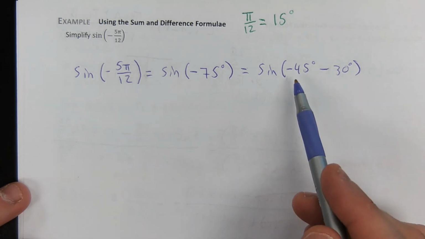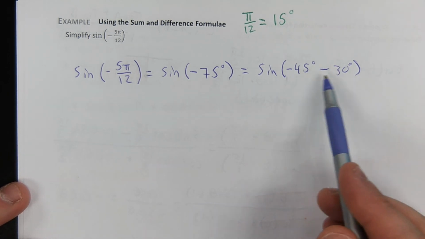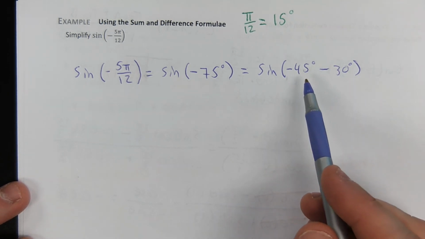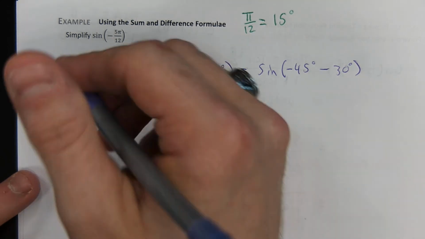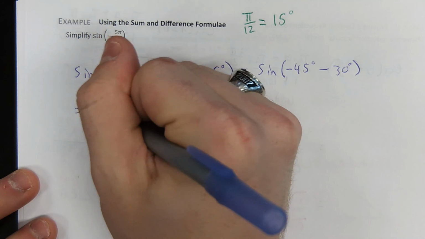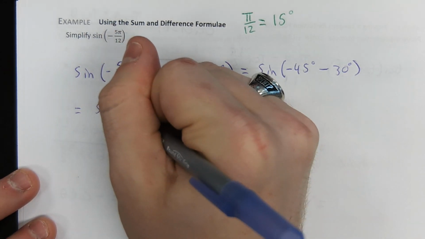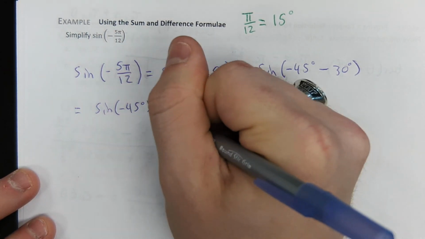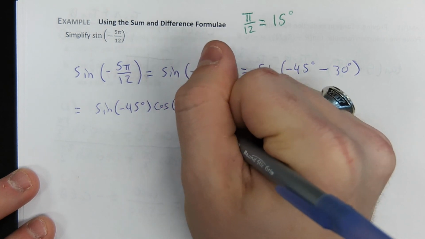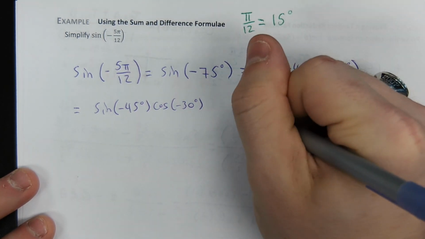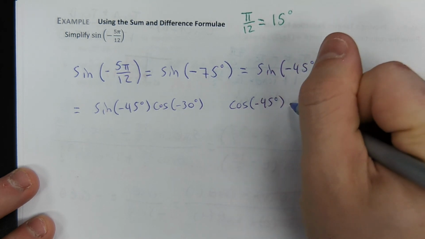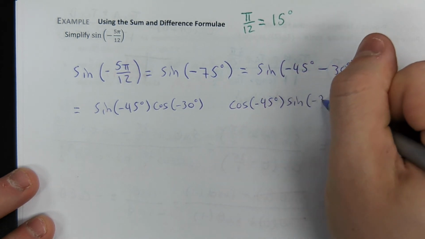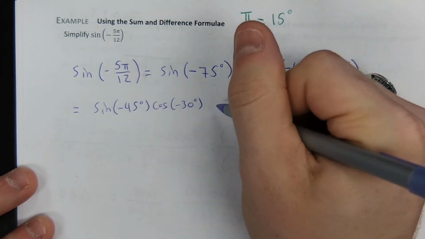So we have the sine difference formula going on right here. The sine difference formula goes sine cos, cos sine, same symbol.